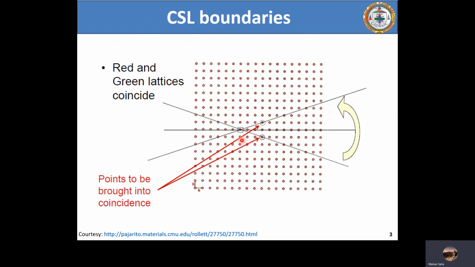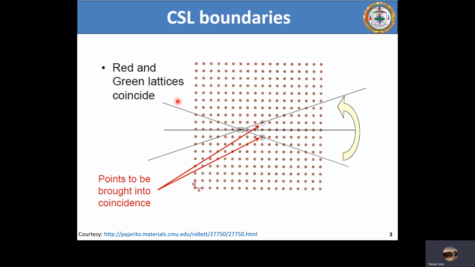Now if we look at these two atoms, this red is one set of lattice points. There is also another set of lattice points, the green lattice points, and we have to observe them very carefully, though it's hard to see on this slide.